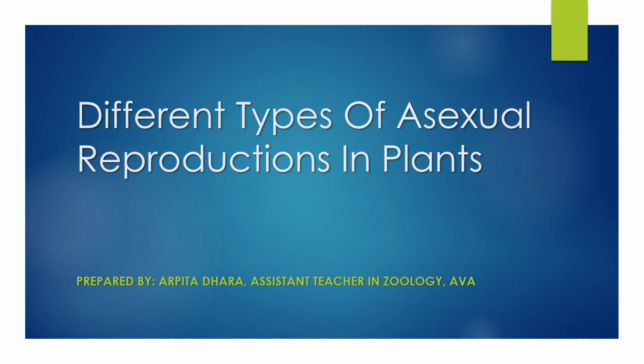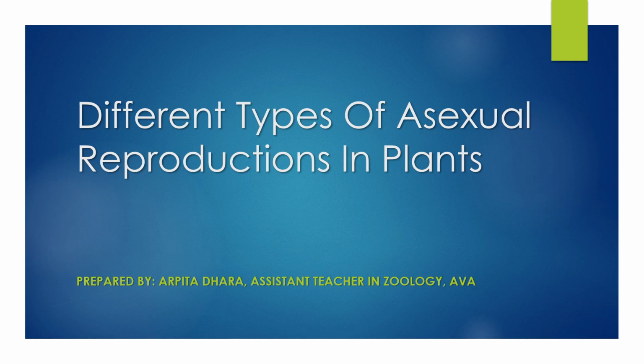Now this is your second class on the chapter Reproduction in Plants. In the previous class we have already learned about the overview of different types of reproduction like sexual reproduction, asexual reproduction, and also got the overview of types of asexual reproduction.